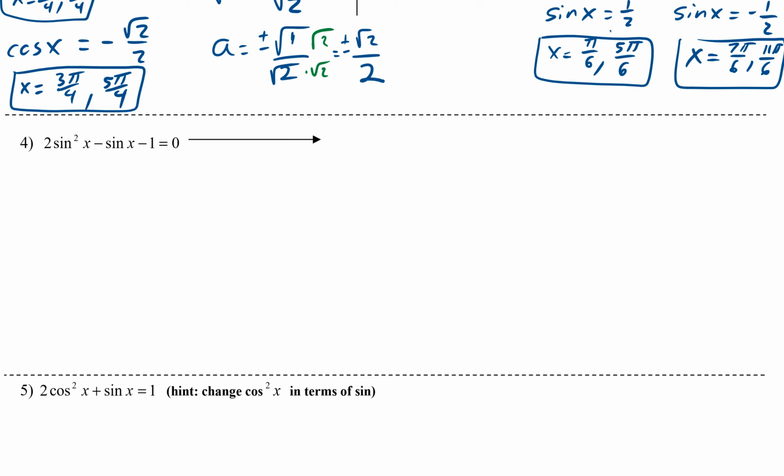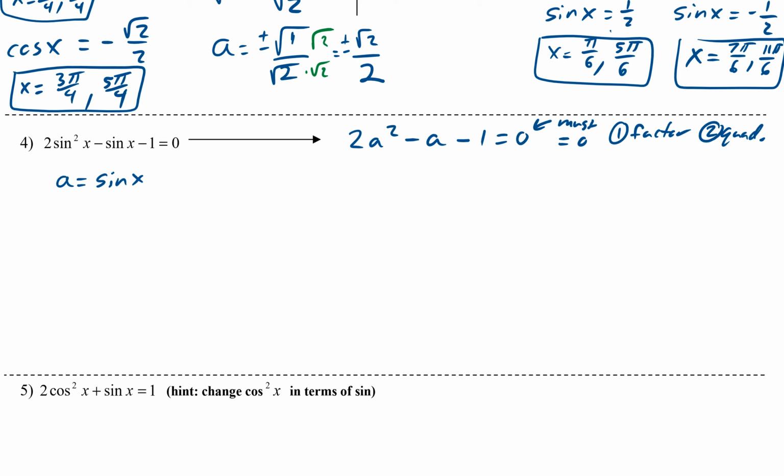So here our value is sine. That's our trig ratio. So this would give us 2a squared minus a minus 1. And the first thing you want to do is, number 1, try to see if you can factor. Number 2, quadratic formula. But on each of them, they have to be equal to 0. So when you see that a squared and then a matching a to it, we want to try and factor it.